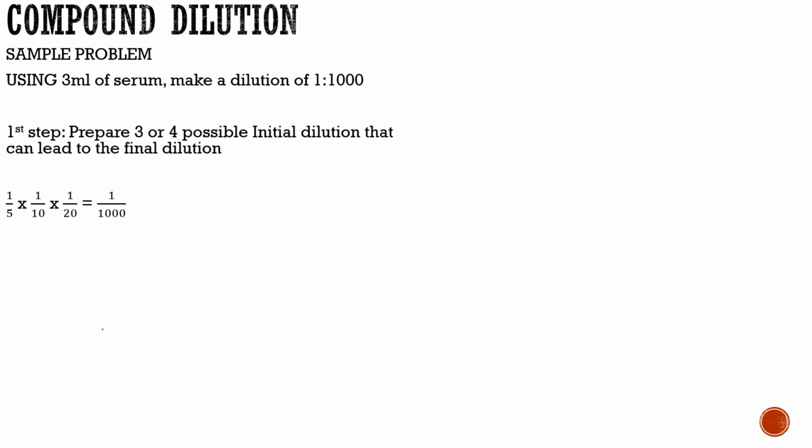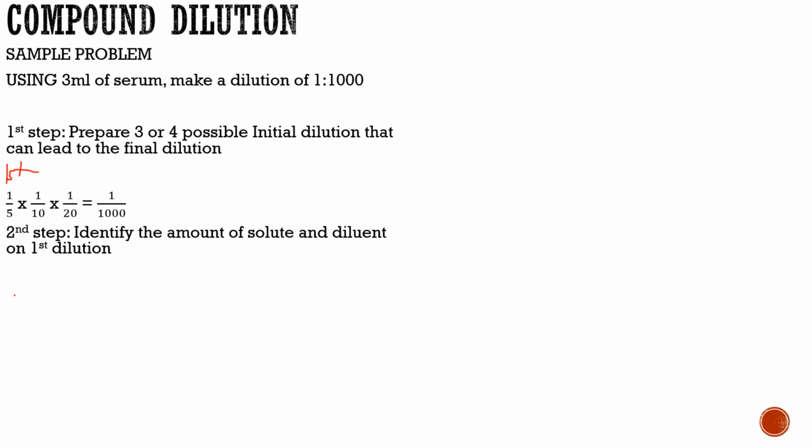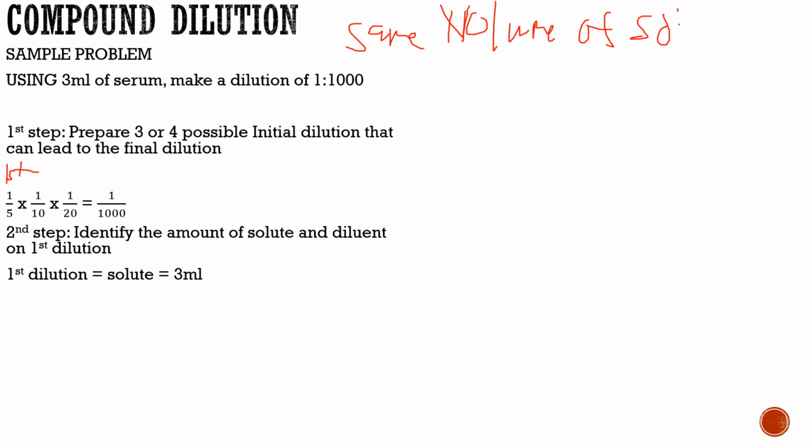Then kapag nakapag-prepare ka na, identify the amount of solute and diluent on your first dilution. So matic class, you're already aware na ang solute na gagamitin nyo dito, di ba nga kapag compound dilution, you have the same number or the same volume of solute in all dilutions.